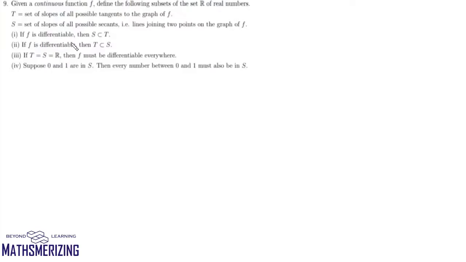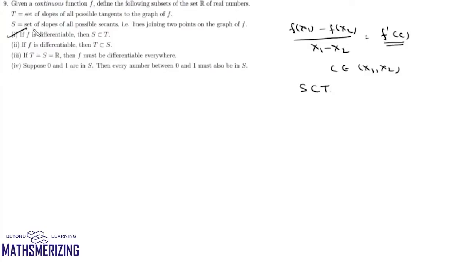The first one is, if f is differentiable, then S is a subset of T. If we take any secant, which is fx1 minus fx2 upon x1 minus x2, then from Lagrange's mean value theorem we can say that there exists at least one point C in the interval x1 and x2 such that the slope of the tangent at C is equal to the secant slope. So for any possible combination of x1 and x2, we always have a point where the tangent slope is equal to the secant slope. So that means S is a subset of T, and statement 1 is correct.